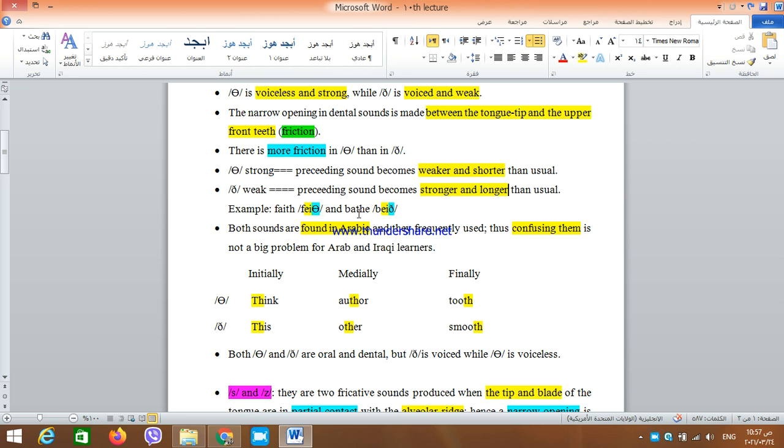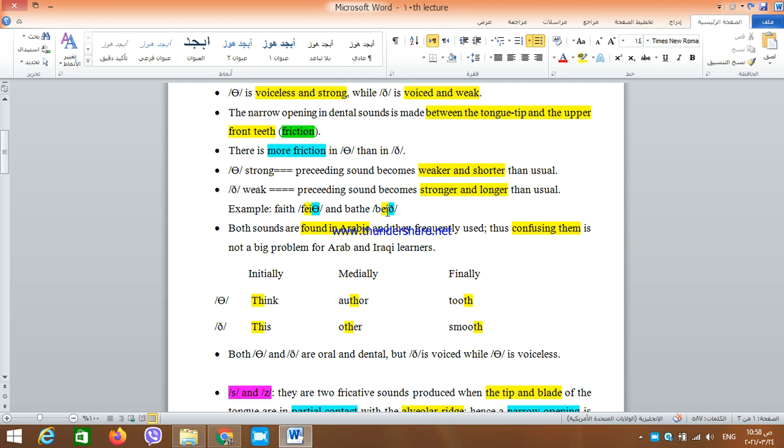While with the, which is a voiced sound, in final position, the preceding sound will be longer and stronger. So the difference between the diphthong here and here is that this one is shorter and weaker than this one. Later on with practice, you may be able to realize this difference in your pronunciation.